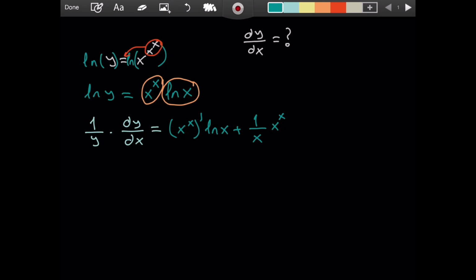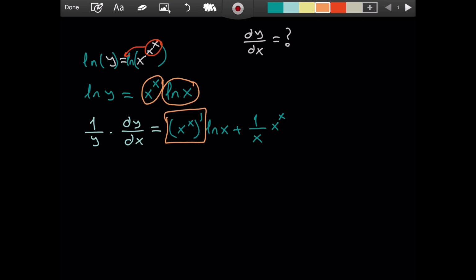Alright. Here, the only thing that is left for us to find is this guy. The derivative of x raised to the power of x with respect to x. And in a previous video, I found that derivative. You can access that from the cards right now and also from the descriptions part.